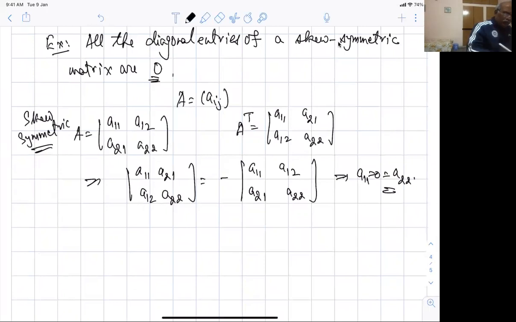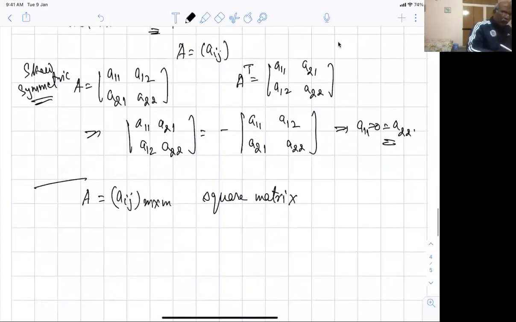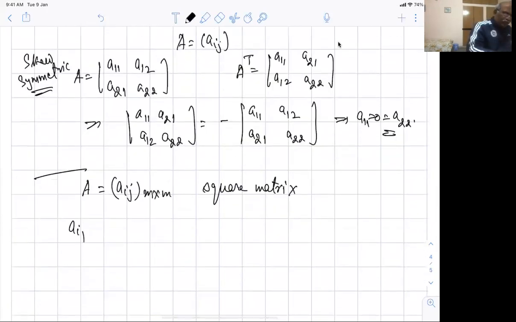Then we have the notion of what are called Hermitian matrices and skew Hermitian. So I have A is again Aij. It is an M cross M matrix, a square matrix again. Fine. Now here I assume that Aij belongs to complex numbers, so that taking complex conjugate makes sense.